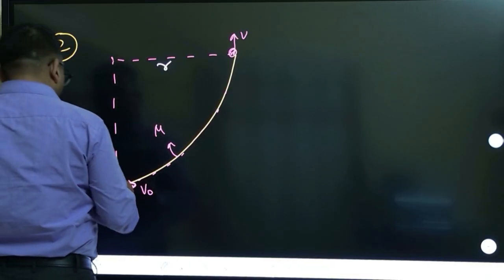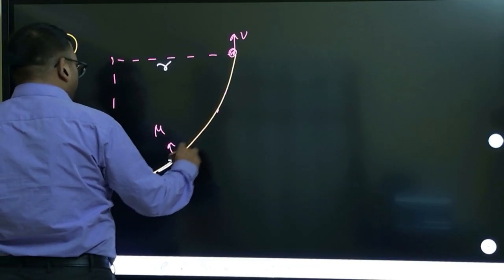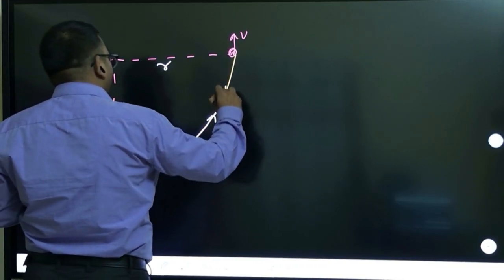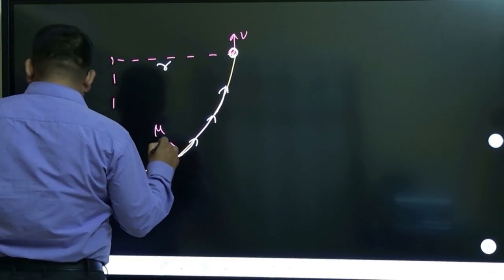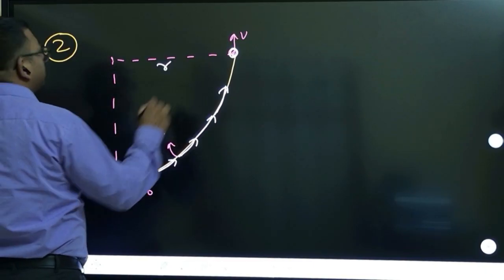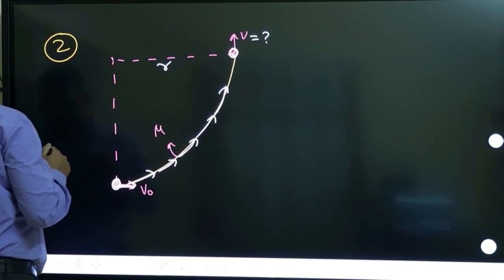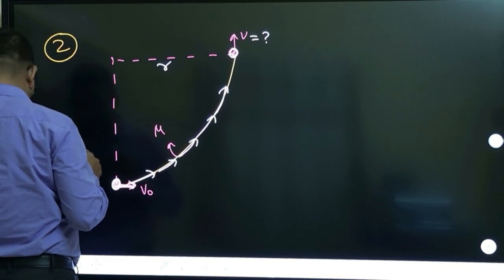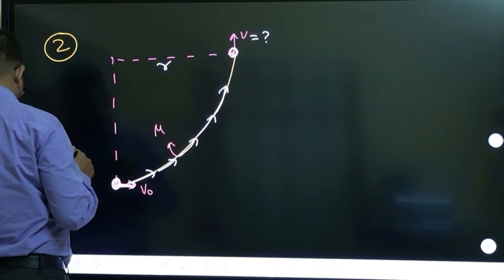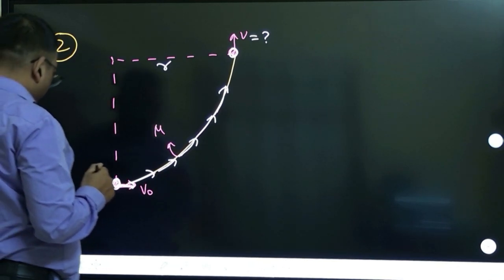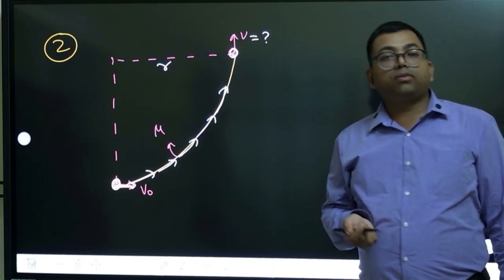But the radius is small r, they have mentioned. So the particle is going to move in this path. It is moving, moving, moving, and it will be coming up at this point exactly like this. So they are asking what will be the velocity here. That velocity we need to calculate. How will you do this? Again, work energy theorem we can apply.